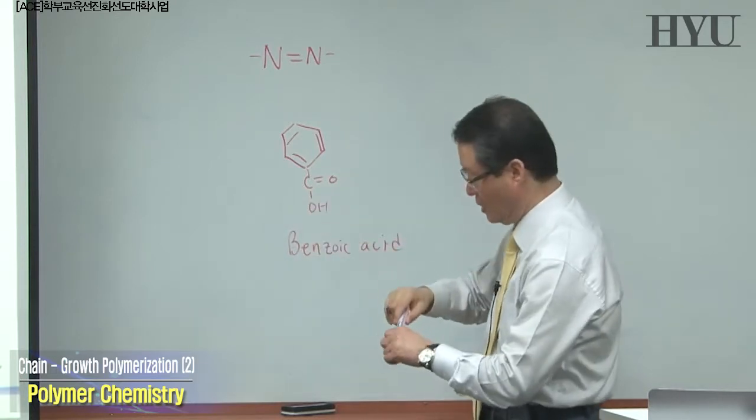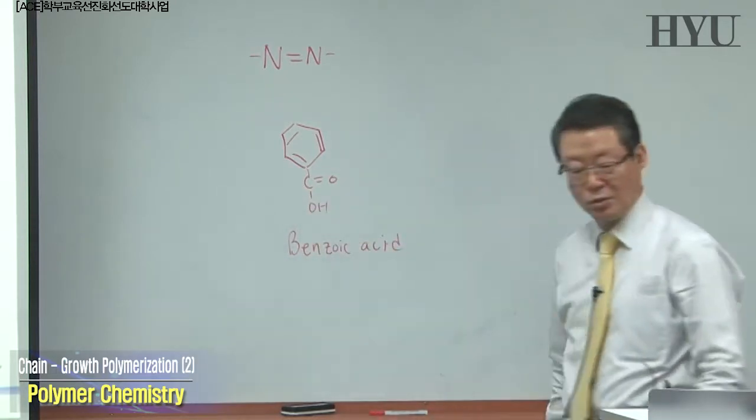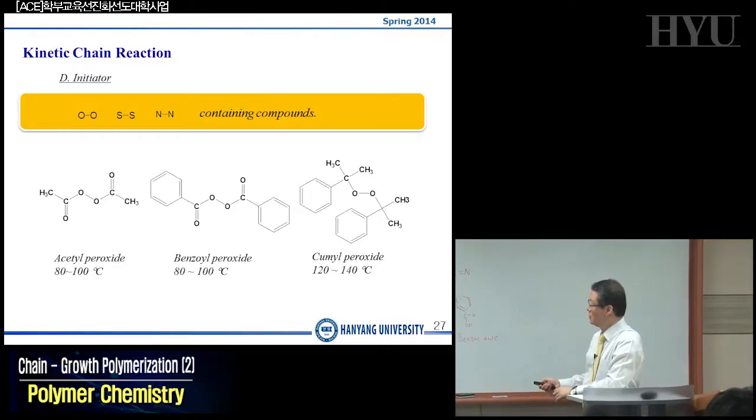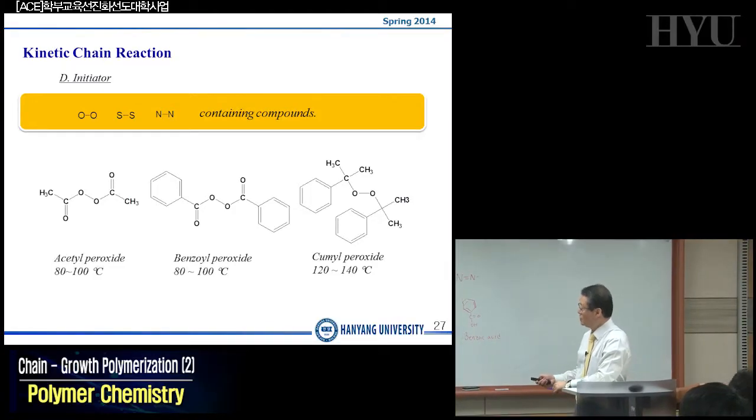So the benzene and CO is called benzoyl. We have two benzoyl groups with one peroxide. So this is called benzoyl peroxide, abbreviated as BPO. If I have a benzene with the isopropyl units, then that's called the cumyl. We have a cumyl peroxide.